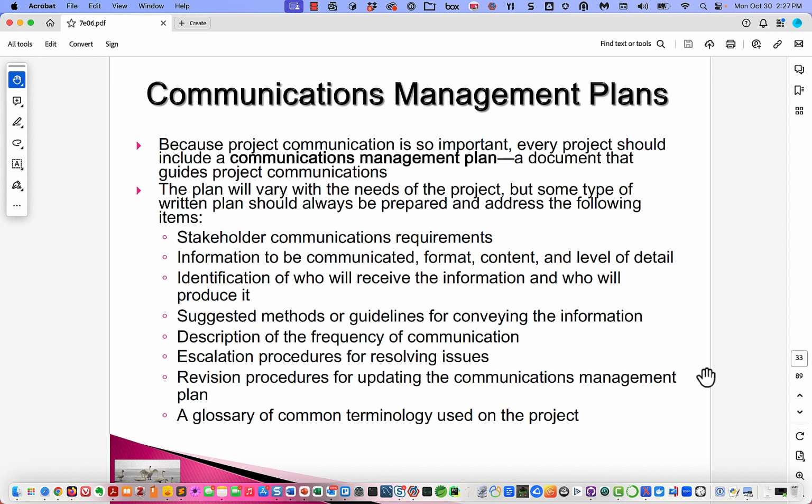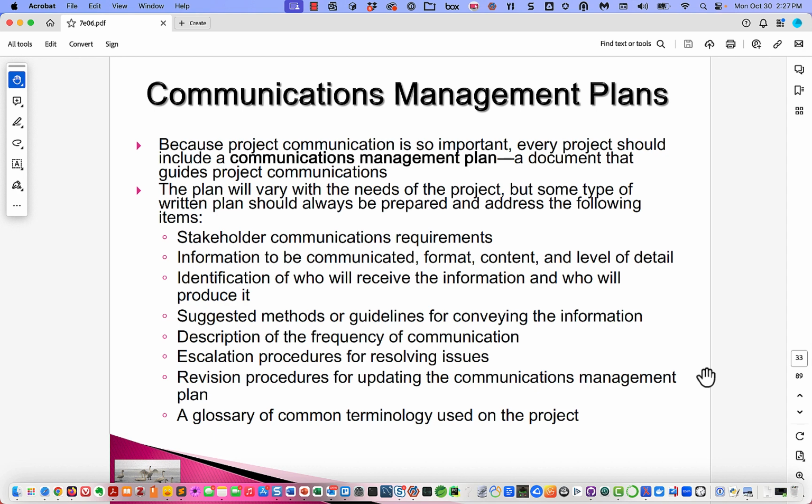Okay? Now, these things are not hard to produce because you can create one by copying and modifying a previous one. Okay, and I've made these. I've seen them from lots of projects. Because they set expectations among the parties, I think they're particularly good for the amount of effort it takes to do this kind of thinking and to document it.